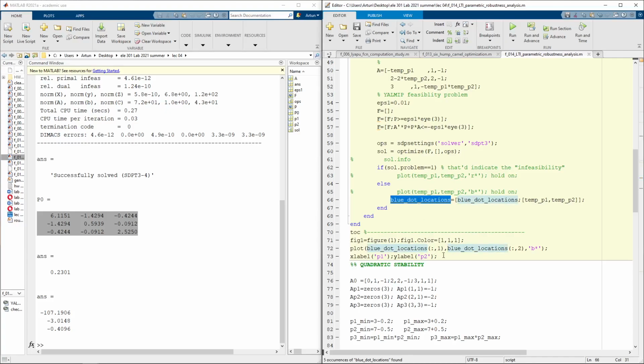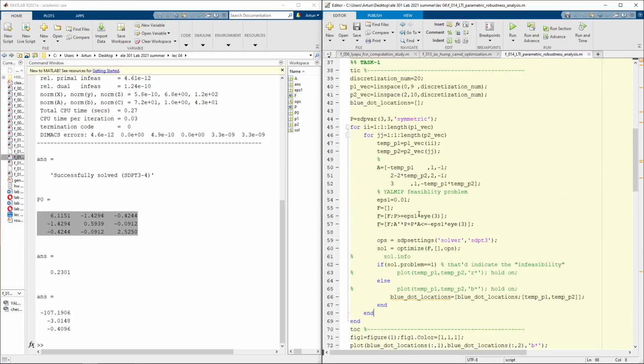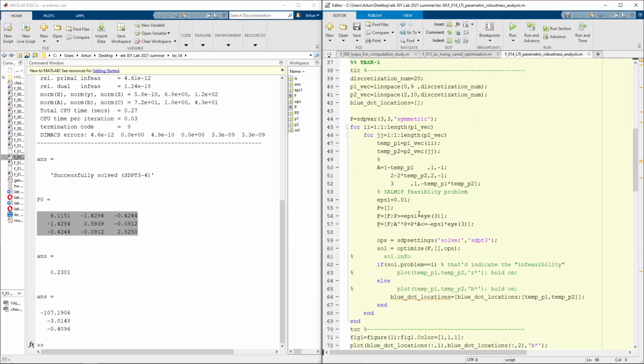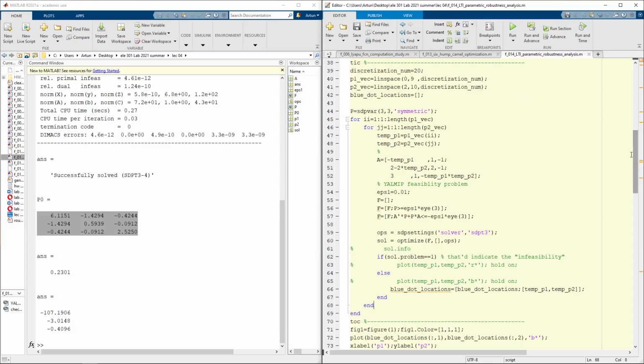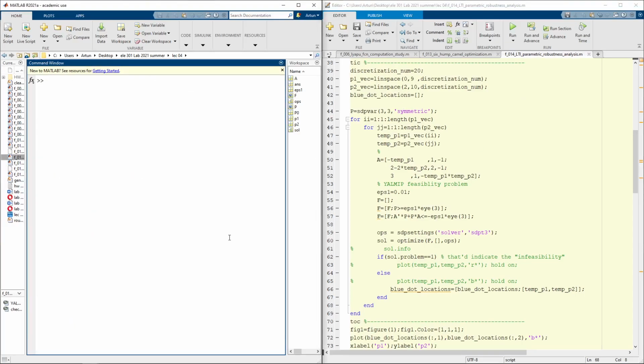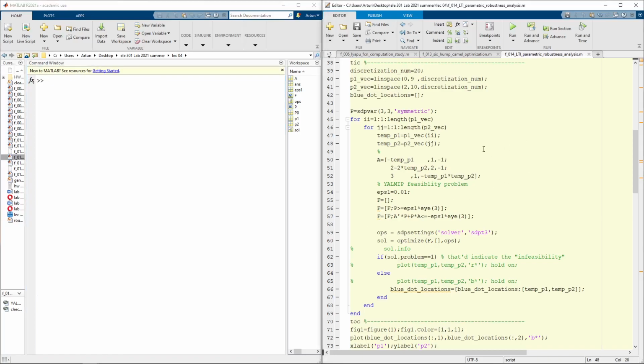And here I just plot every one of them. Let me get that, and I use tic and toc to check the time. I guess let me run it for 10 values.